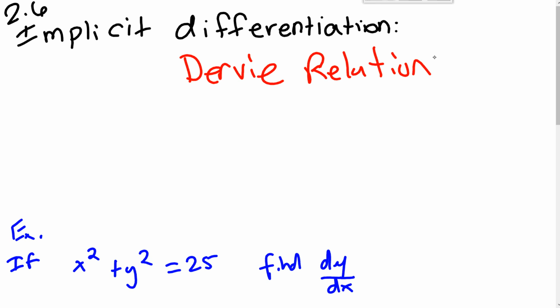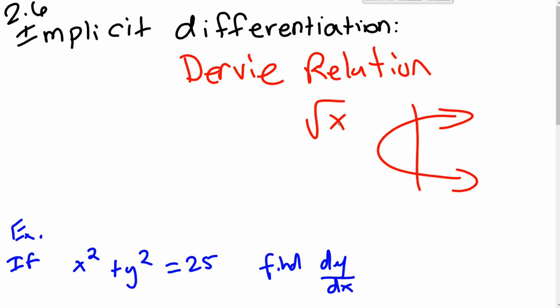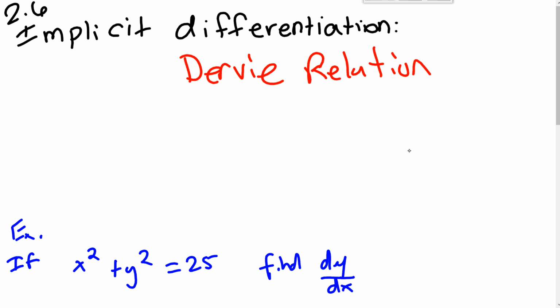A relation is where you don't have a function, like the square root. Square root would be a relation, not necessarily a function, because it doesn't pass the vertical line test. So the square root of x is more of a relation than an actual function, even though I always call it a function. Technically, it is not. So relations are not functions.